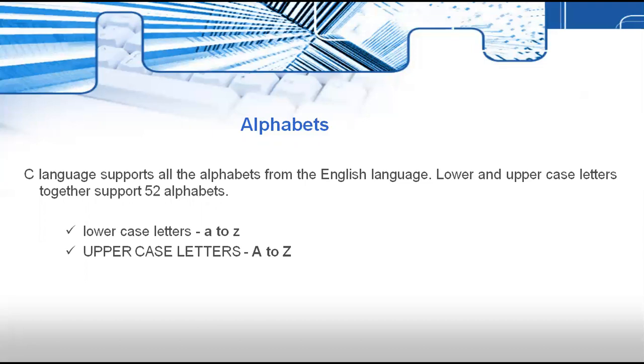The ASCII values for lowercase letters are from 97 to 122, and the ASCII values for the uppercase alphabets are from 65 to 90.